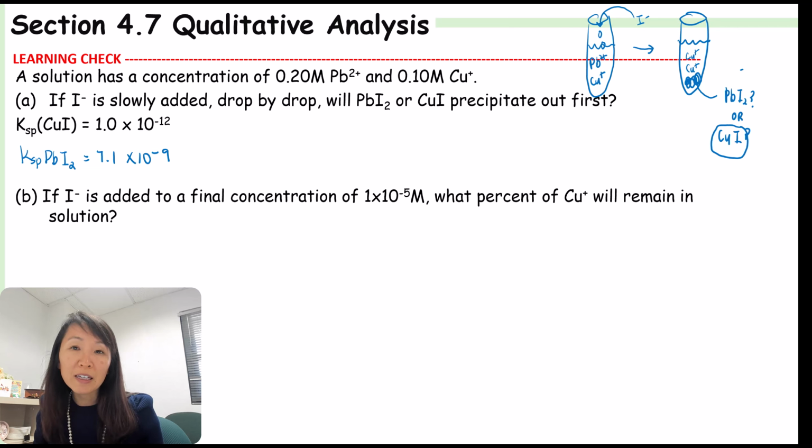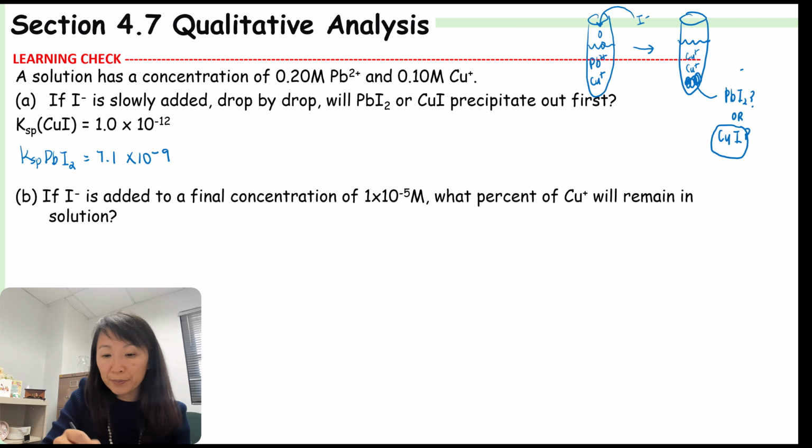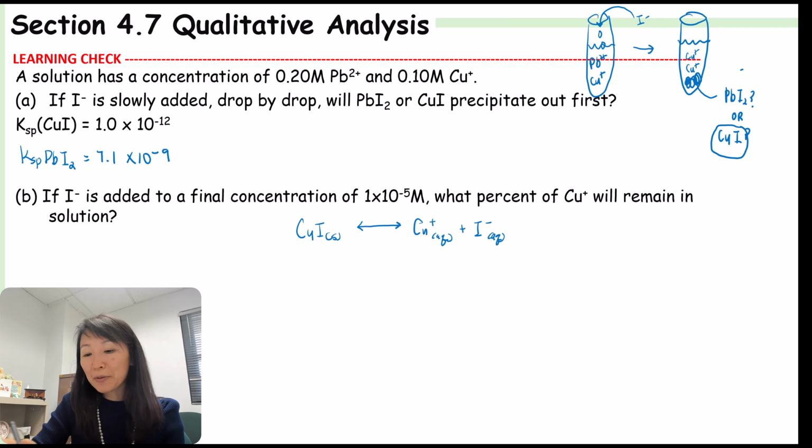First, go ahead and write the chemical equation of copper iodide going into solution. We have copper plus iodide in aqueous format. And then what you're going to do is write the expression for solubility equilibrium here. So we have copper plus and iodide negative.